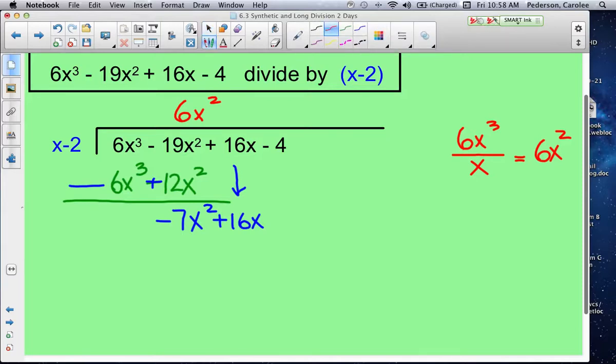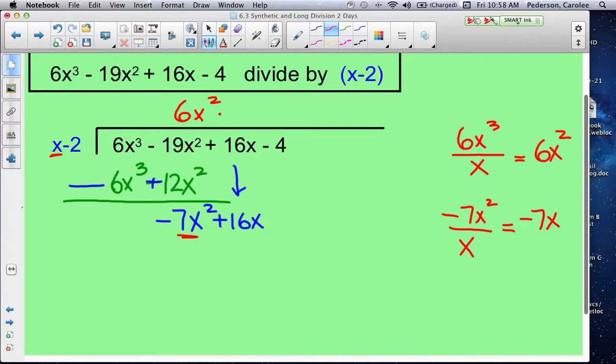Now I focus on the first two terms, x and -7x squared. How many times does x divide into -7x squared? So I'm going to write that off to the side. -7x squared divided by x. Well, I can reduce that by an x, so I'm left with -7x.